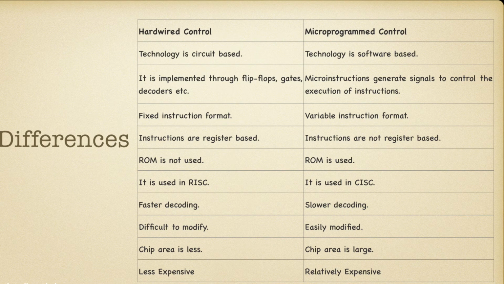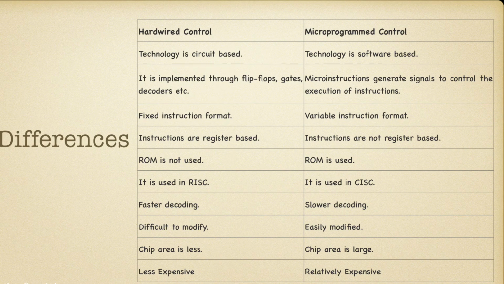The hardware control is used in RISC, that is reduced instruction set computers, but if we have complex instruction set computers, we can use microprogram control. The hardware control provides faster decoding, but on the other hand, microprogram control provides slower decoding. Hardware control is very difficult to modify, but microprogram control can be easily modified.